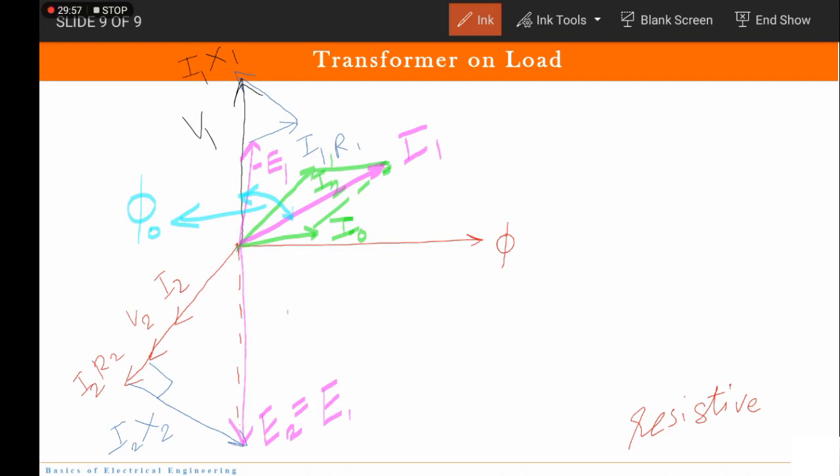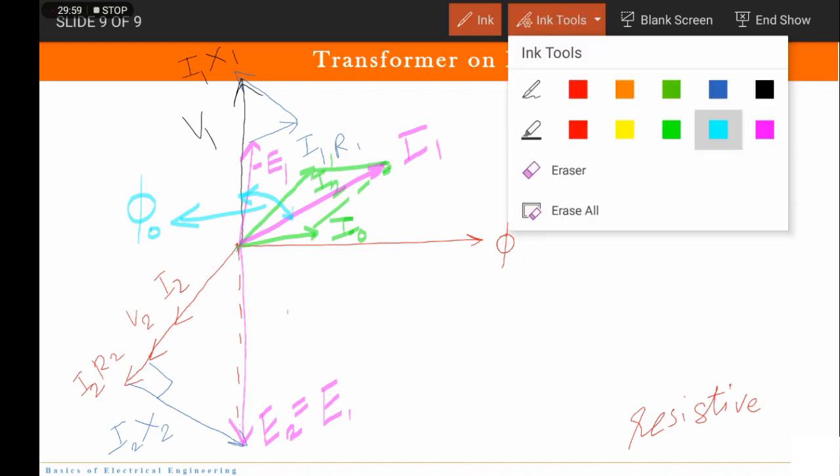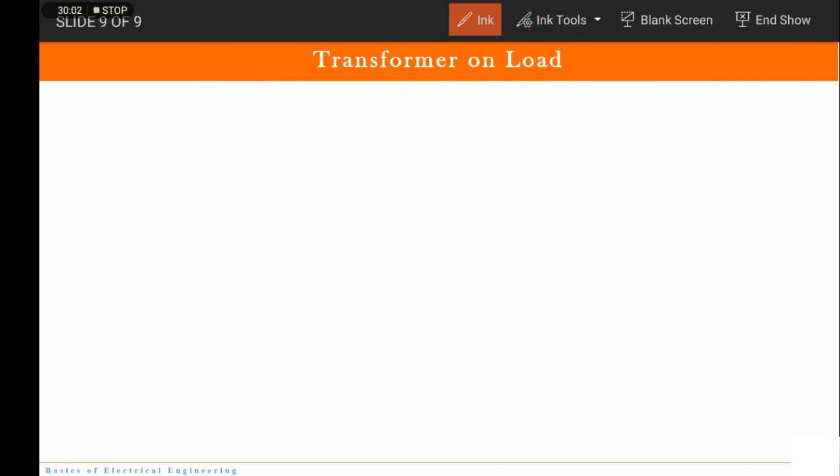So this is how the phasor diagram looks for a resistive load. Now in this case we will take a reactive load, say capacitance. Again we will have phi. Let me draw a reference point. Here we will have V2, and the current leads, correct?